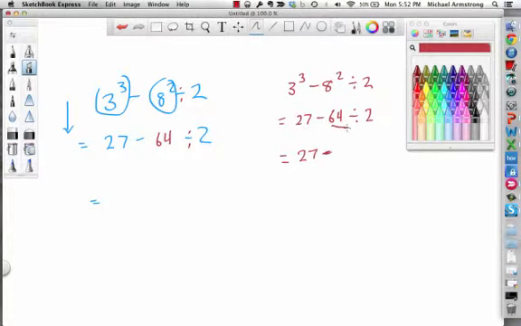But I am going to take my 64 divided by 2 and turn that into 32. Alright, and then I'm going to look at 27 minus 32 and think that the difference between 27 and 32 is only 5, but since there's more negatives, it's going to be negative 5. And that's my final answer. Would have gotten it over here too, eventually.